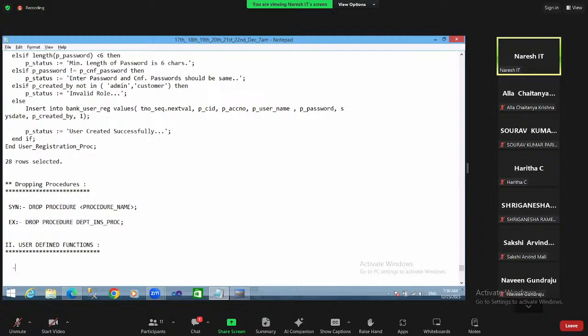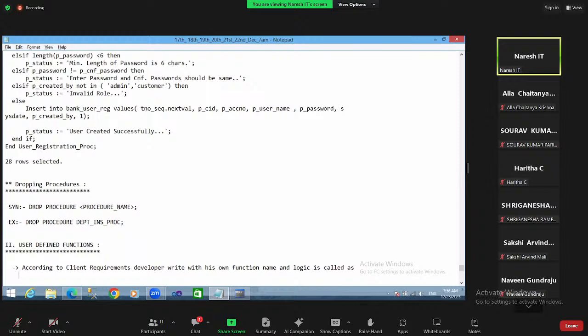According to the client requirement, the developer writes a function with his own function name and logic.